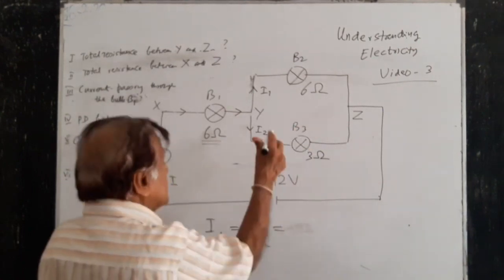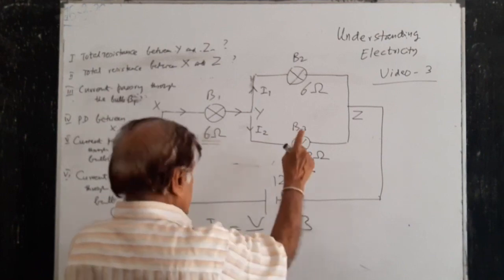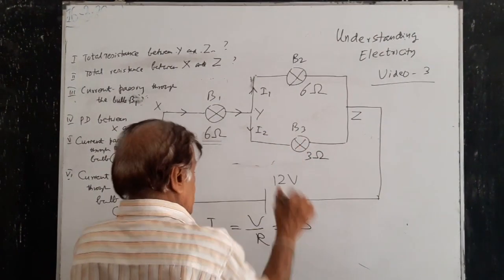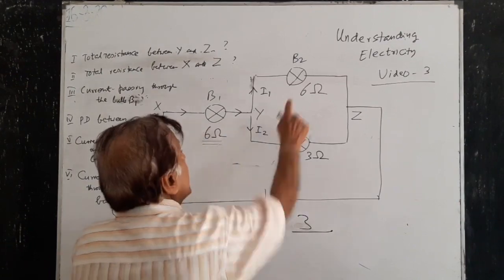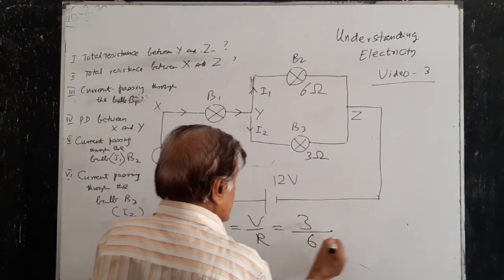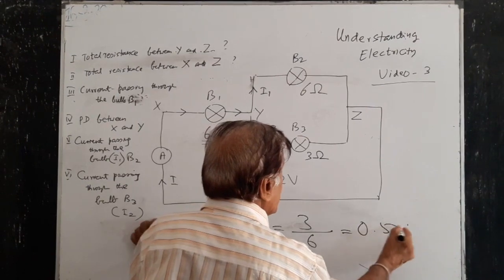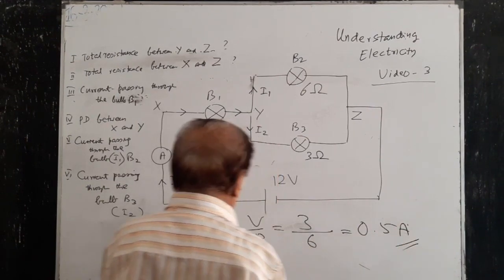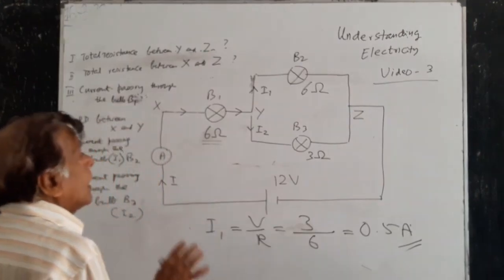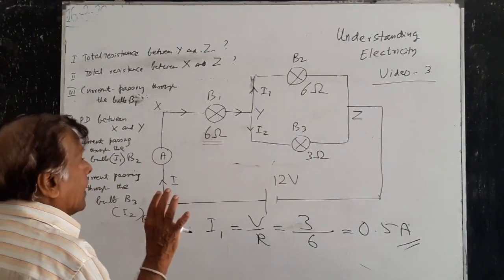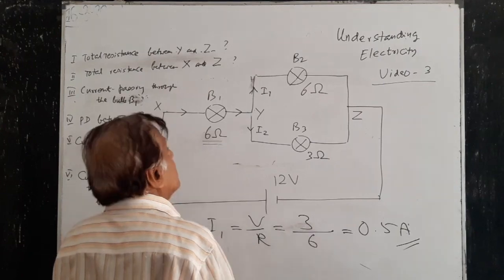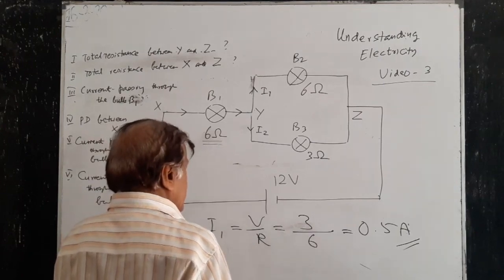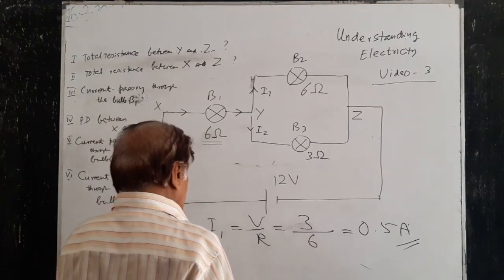It is 3 volts for these two. Therefore divide 3 by 6, 0.5. Half an ampere. The current passing through this bulb is half an ampere. That is, I1 is 0.5 amperes.